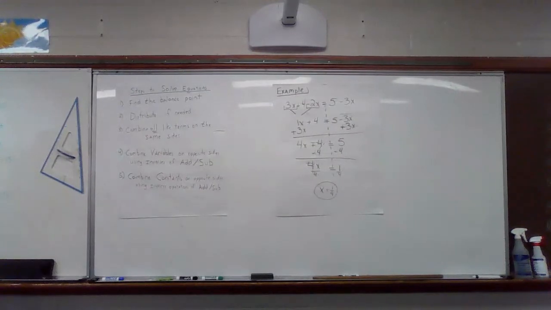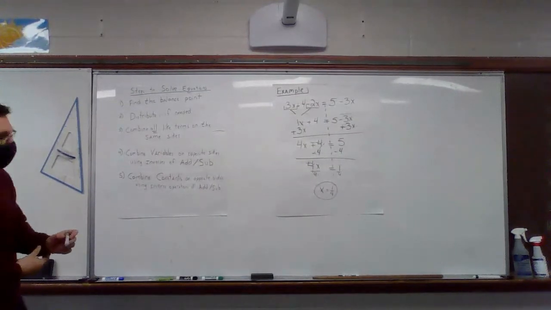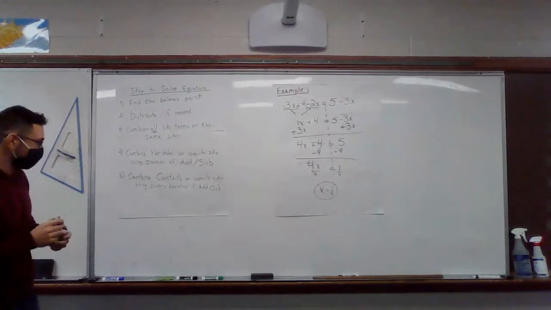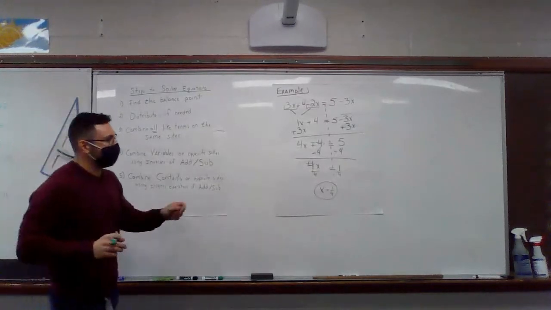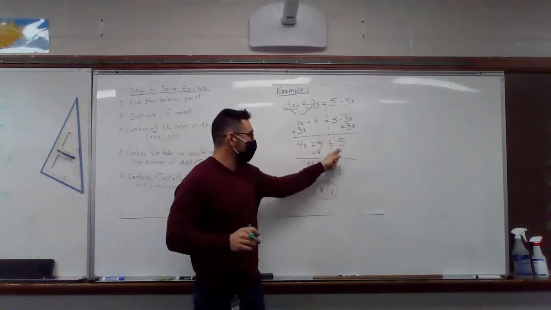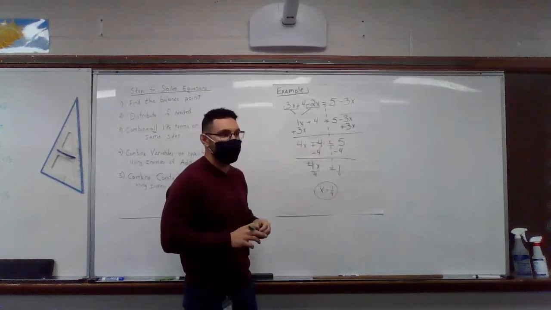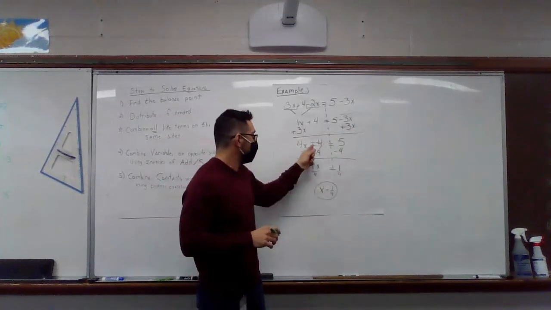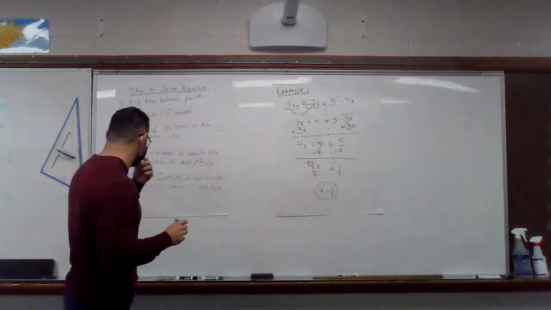And we're going to do a bunch of examples. We've still got 10 minutes. We're going to get hopefully 2 or 3 examples. So I combined my 4 and 5. Why didn't I move the 5 this way? Because the goal is to get the variable by itself. So I had to subtract 4 to both sides.